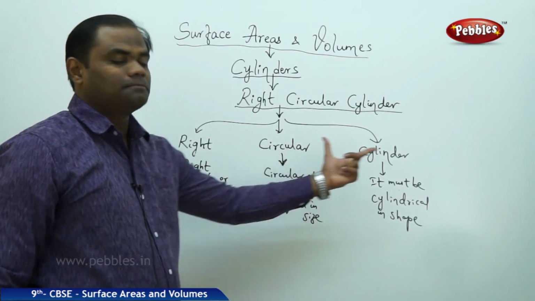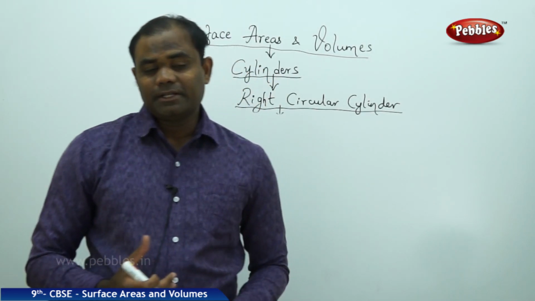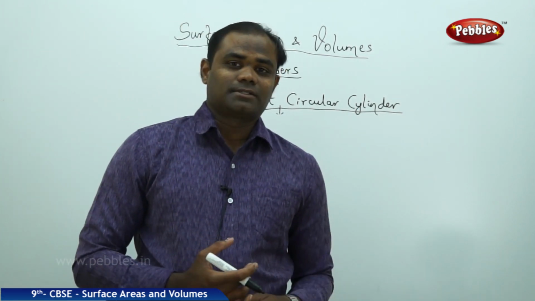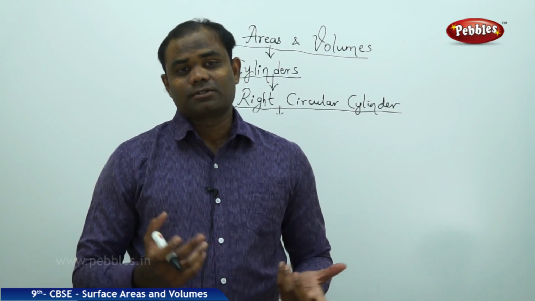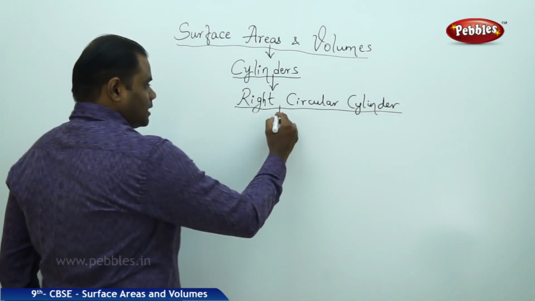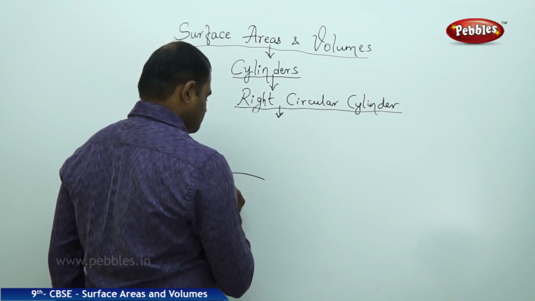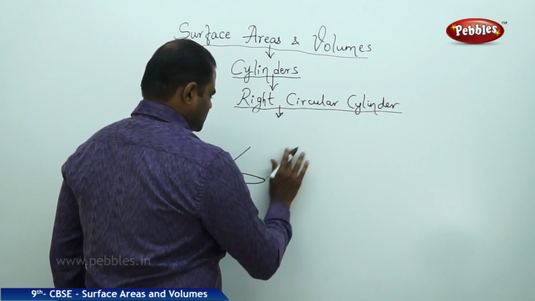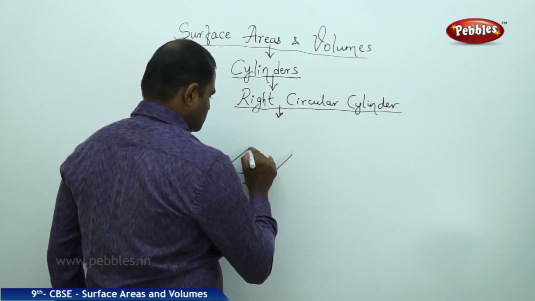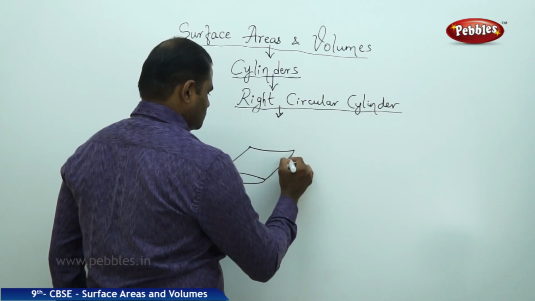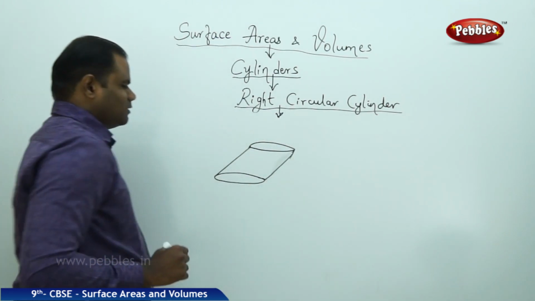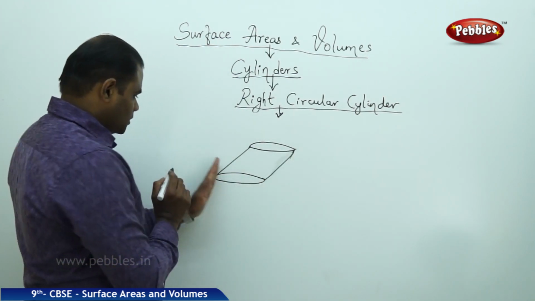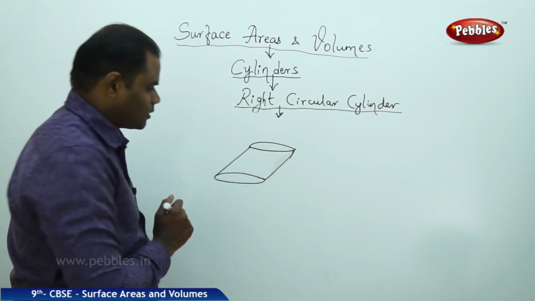Now that we have identified the definition of a right circular cylinder, let's see some objects which are right circular and which are not. For example, I take a cylinder which is crossed. This kind of cylinder cannot be right circular because the angle between the ground and the height at which the cylinder rises is not 90 degrees.